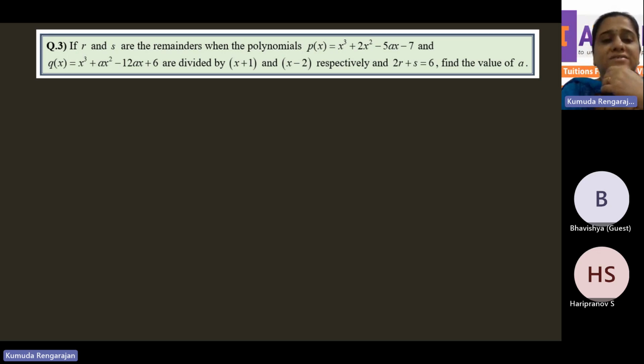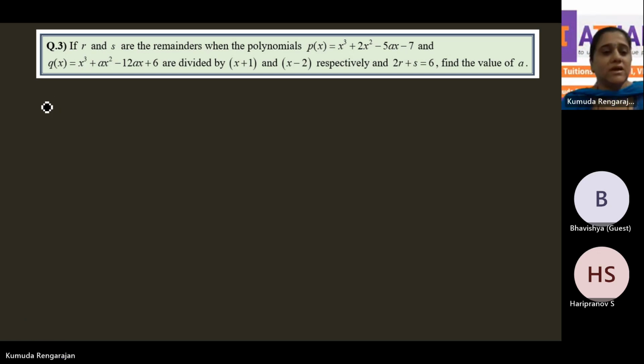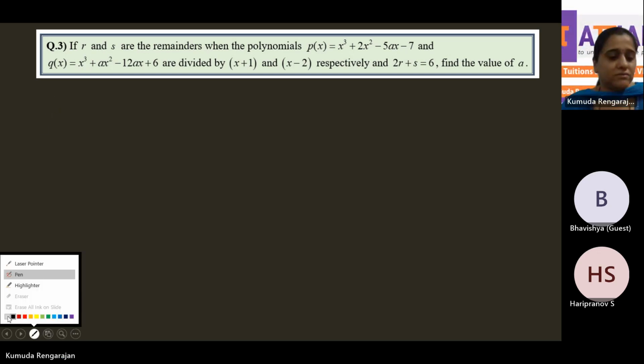If R and S are the remainders when the polynomials P of X and Q of X are divided by X plus 1 and X minus 2 respectively, and 2R plus S is equal to 6, find the value of A. All right. Let me write it like this.